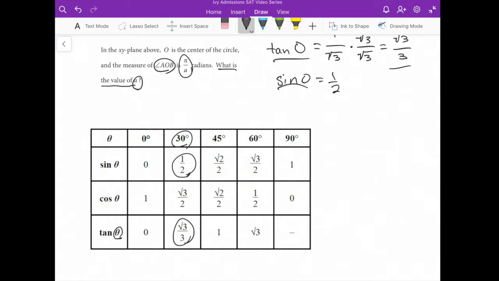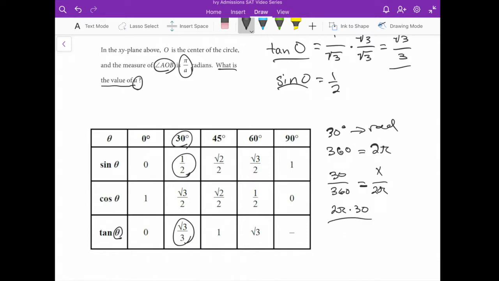We want to convert this angle 30 into radians. What we do know is that 360 degrees is equal to 2 pi radians. So basically we know that 30 over 360 is equal to this x value over 2 pi. So we multiply 2 pi times 30 over 360, and have that equal to x. We just cross multiplied here.